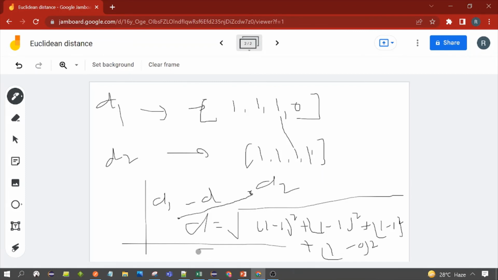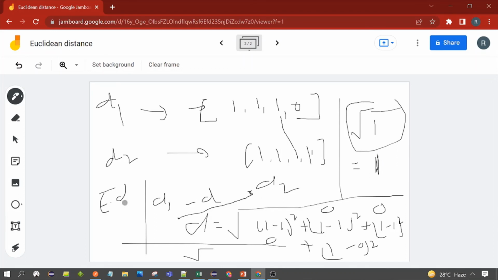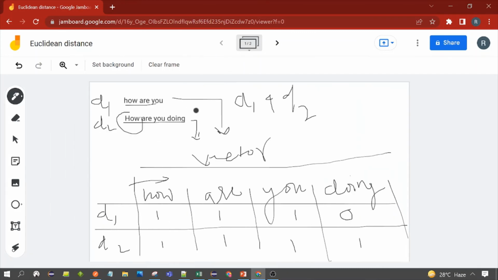So how much would it come? 1 minus 1 is 0, 0, 0, and this is 1, and the square of 1 is 1. The value would come 1, and the square root of 1 is 1. So the Euclidean distance is 1 between these two documents. If Euclidean distance is 0, it means both the documents are similar.